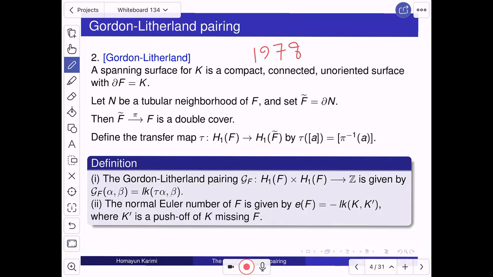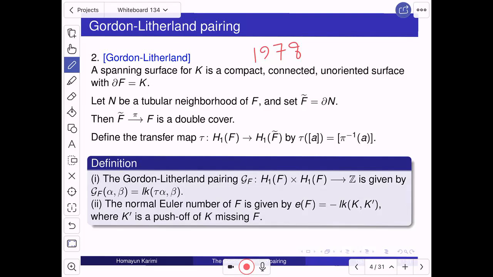Now, using this, we can define a bilinear form, G sub F. It is defined on the first homology of F, and it takes 2 homology classes alpha and beta. You take the transfer map, apply it to alpha, and you take the linking number of the result with beta.